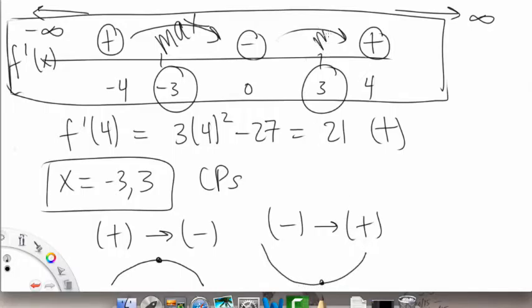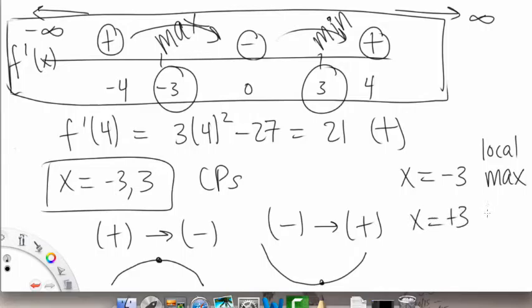So that is a local minimum. So that's basically the answer to our problem. When x equals negative 3, we're at a local maximum, okay? And when x equals a positive 3, we're at a local minimum. Okay, so that's basically it.